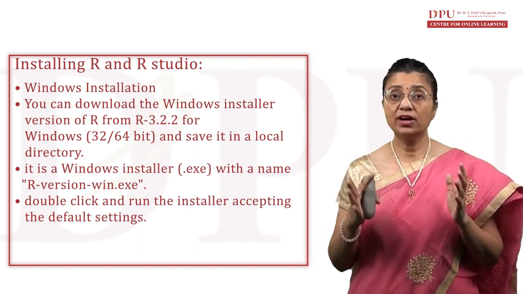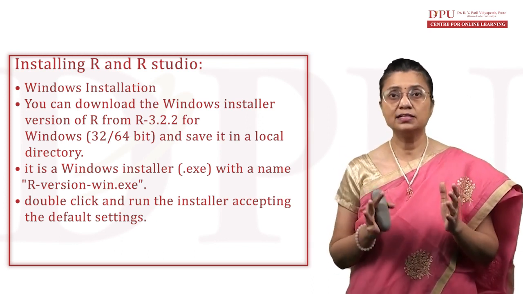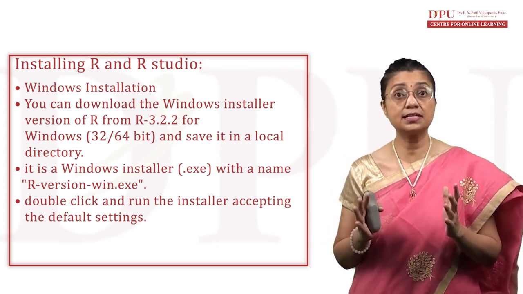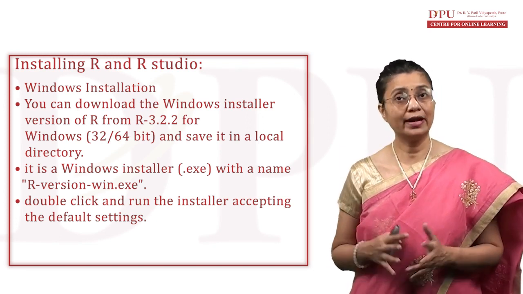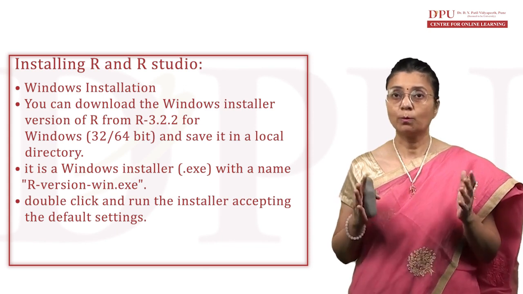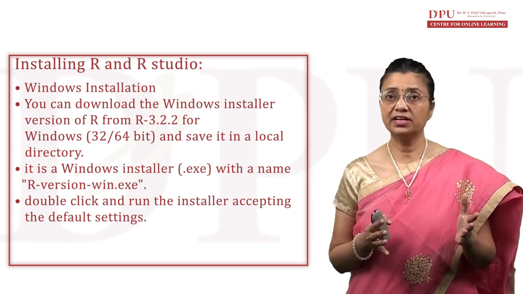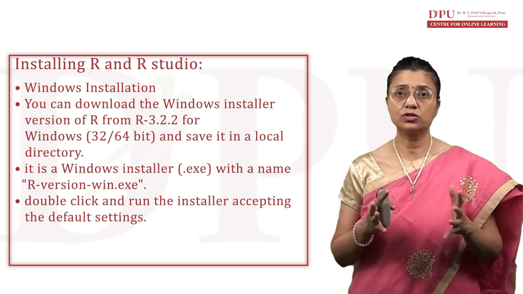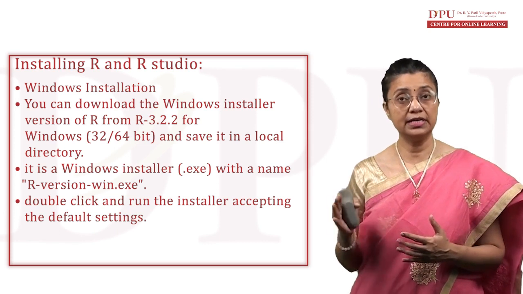Students, keep one thing in mind: whenever we have to install software, that file is always an exe, which means executable file. Our next step is to double click and run the installer, accepting the default settings. We have downloaded and saved the file in our local directory, let's say on the C drive. There we will find this R version win.exe file.